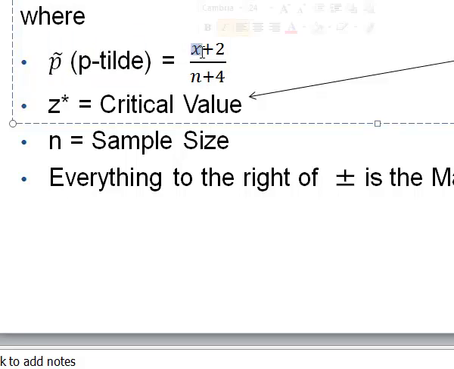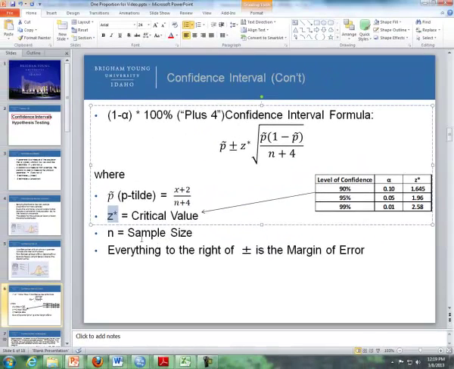X represents the number of successes. For instance, if we took a sample of 1,000 people to see how many people would vote for Obama, and we found out that 480 would, so 480 would be x, and then 1,000 would be n. Okay, and if we put those numbers into the formula, we would get P tilde. The Z critical value you've seen before because this is dealing with a Z distribution, n is our sample size, and everything to the right of the plus or minus sign is the margin of error.